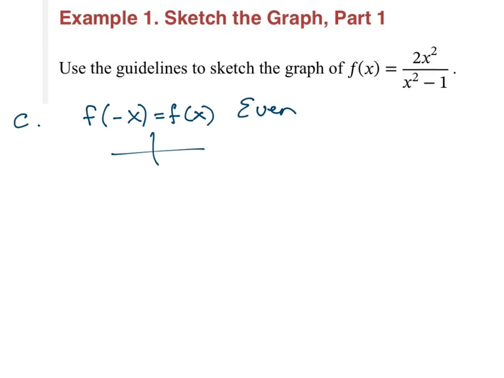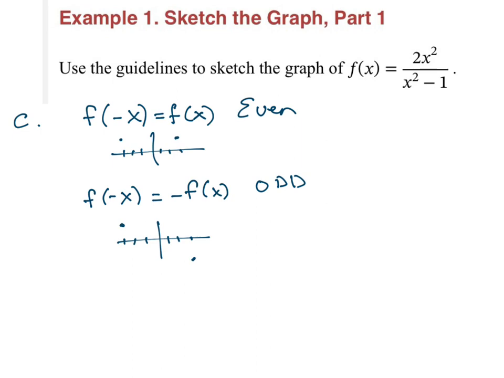Graphically, what that means is if I go way over here to negative x, I'm going to hit the same value that I do way over here on positive x. If it's an odd function, f of negative x is going to equal negative f of x. What that means is if I'm way over here at negative x, then way over here at positive x, it's going to match it, but it's going to be opposite. Can y'all see that?